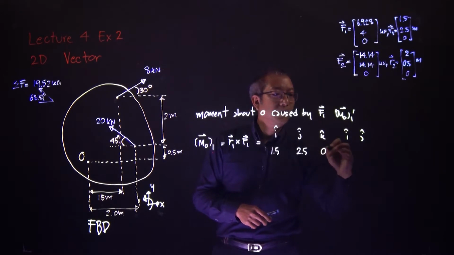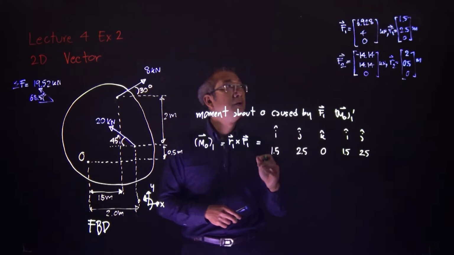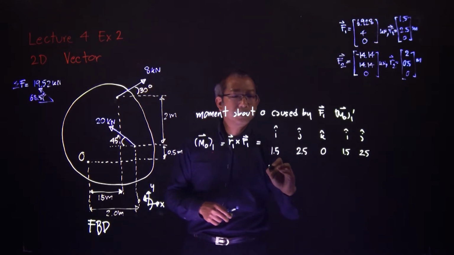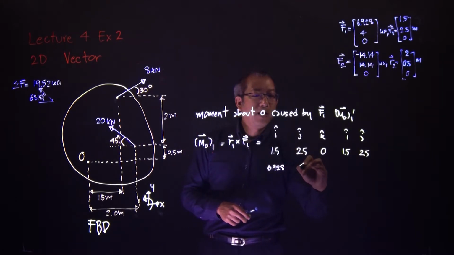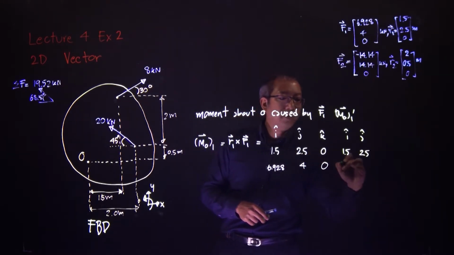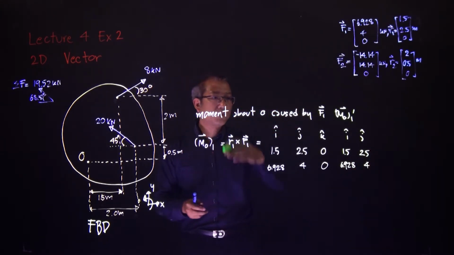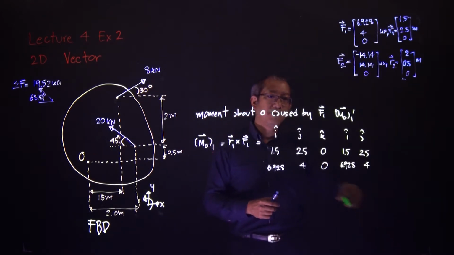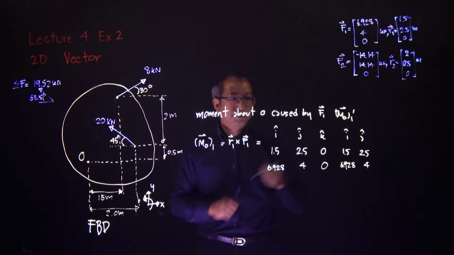Listing 0, 1.5 and then repeat 2.5, the last two. Then I put in Fx1, of course Fy1, Fz1, repeat Fx, and then Fy. The next step is to cross it down, then times positive, cross it up, then times a negative 1, right?